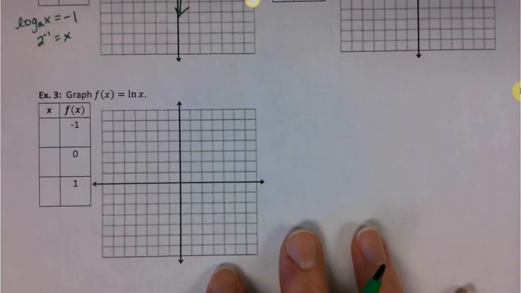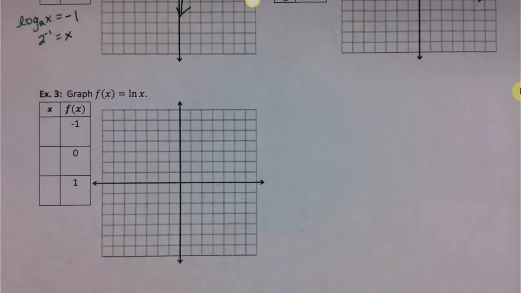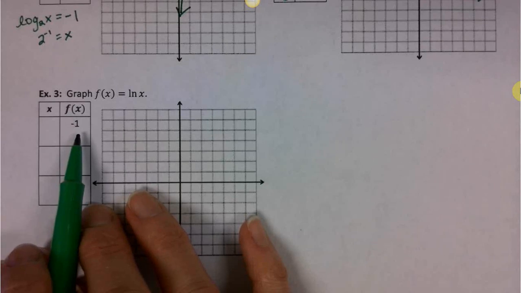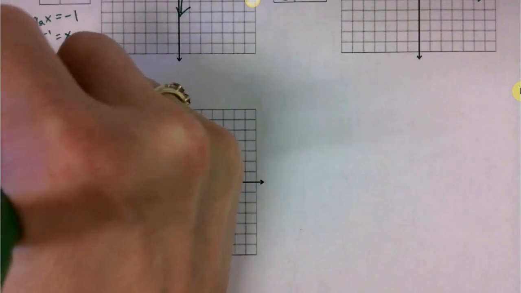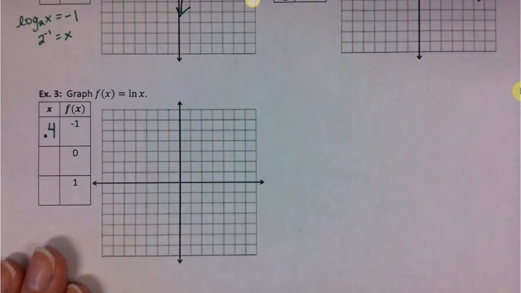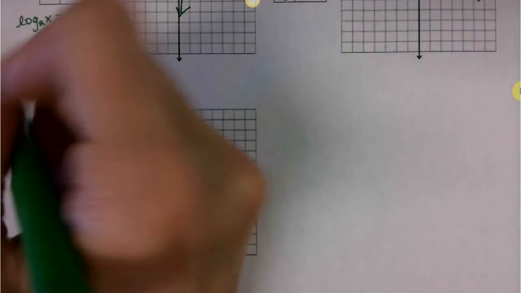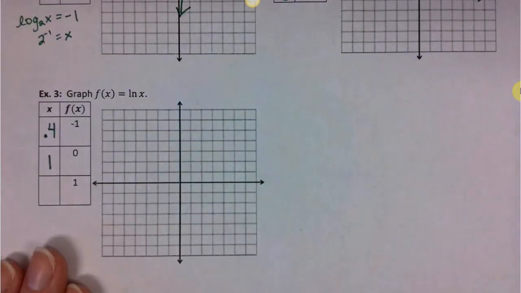And then what does the graph of the natural log of x look like? Well, remember, this is understood to be base e, so if we're trying to figure out where natural log of x is equal to -1, this is the same as evaluating e to the -1, which we said is approximately 0.4. Where is natural log of x equal to 0? This is the same as evaluating e to the 0, which is 1.